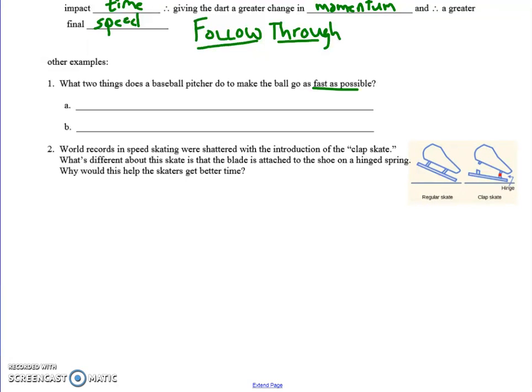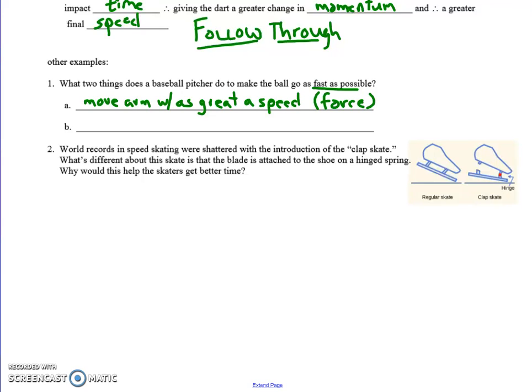Well, A, they move their arm with as great a force as possible, as great a speed, right? That goes towards the amount of force you exert on the ball. In other words, the faster you move your arm, the greater the push.